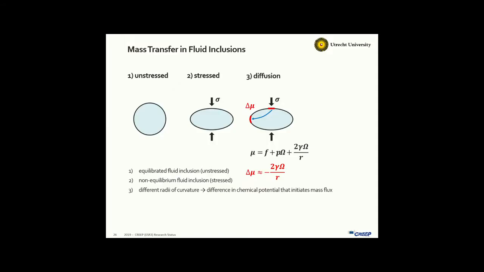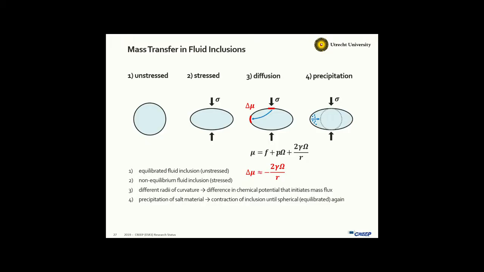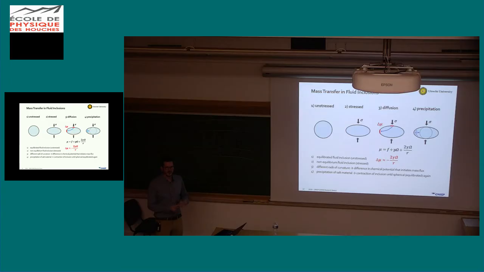And this change of shape changes the chemical potential at the side and the top of the inclusion, so that material, in this case NaCl, salt material, is transported from one side to another and precipitates again, so that in the end it's a pretty quick process that just keeps the inclusion round. So it's not meant to illustrate a change of size, it's just meant to show the inclusion is not stretching because material is flowing constantly inside the inclusion from one side to another.